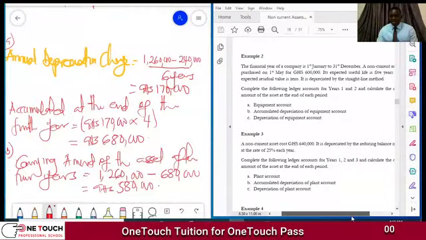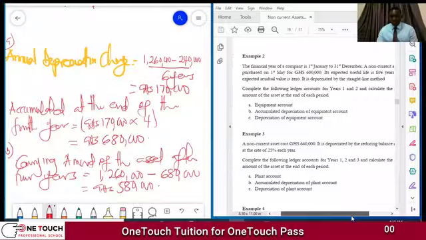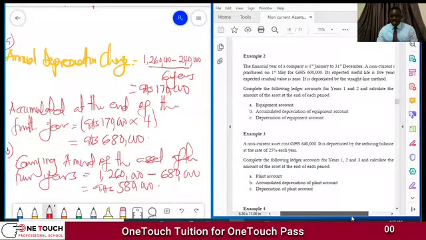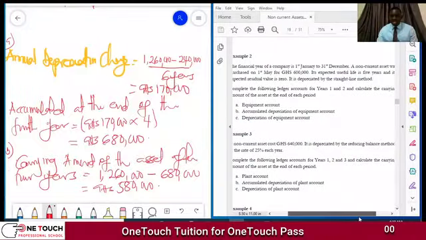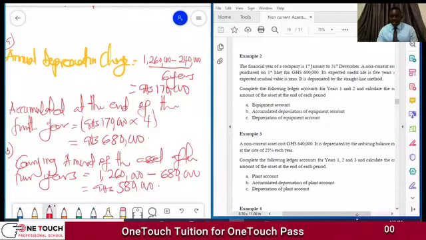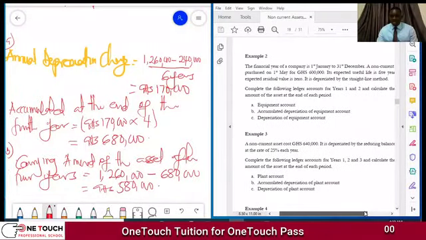It is depreciated by the straight line method. Complete the ledger accounts for years 1 and 2, and calculate the carrying amount of the asset at the end of each year. So we have the equipment account, the accumulated depreciation account, and the depreciation of equipment account. Okay, good.